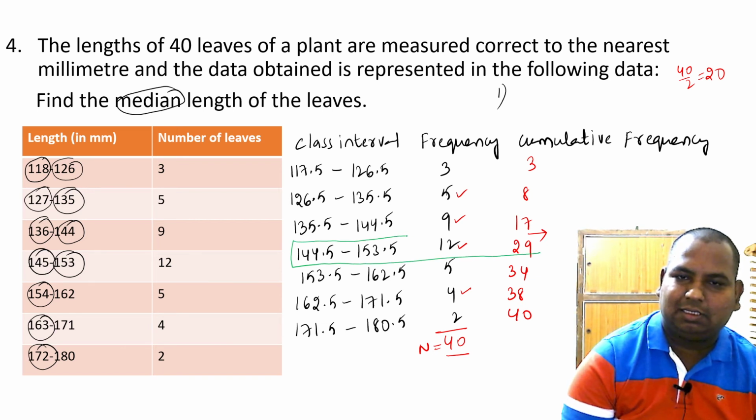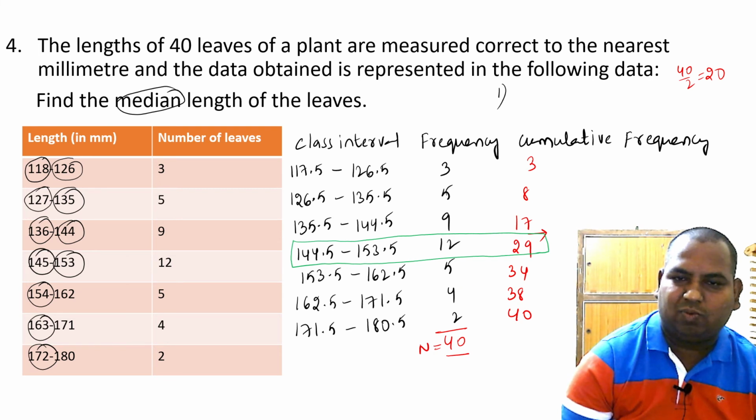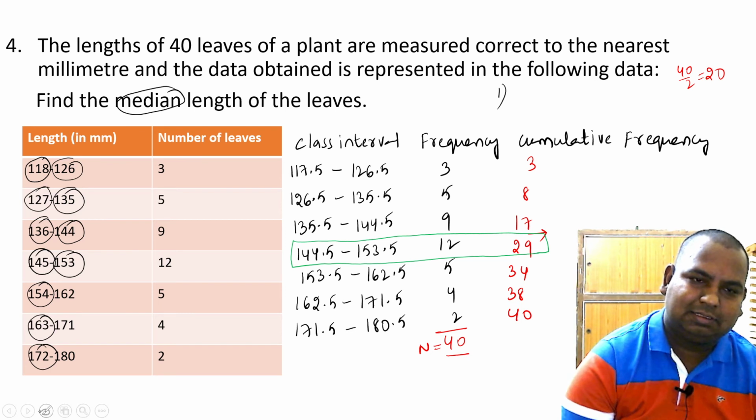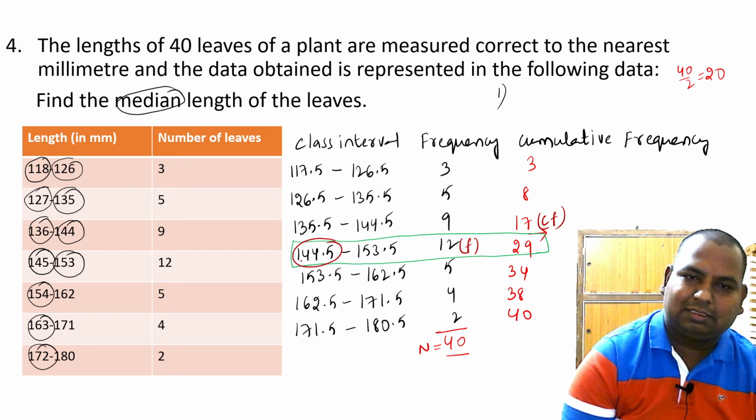Now we look for the values. The frequency of the median class, that is F, is 12, CF is 17, and L is 144.5.